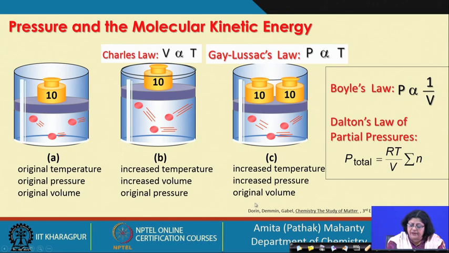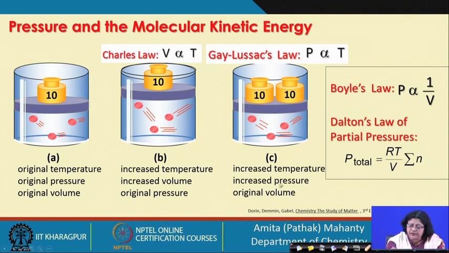Similarly, if I have the original volume constant and I increase the pressure, what will happen? Since the volume is now reduced and the number of particles held in it is constant, and they are continuously colliding and moving around at random speeds, what will happen with the confinement of the volume?